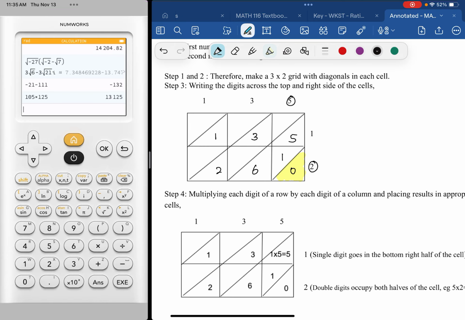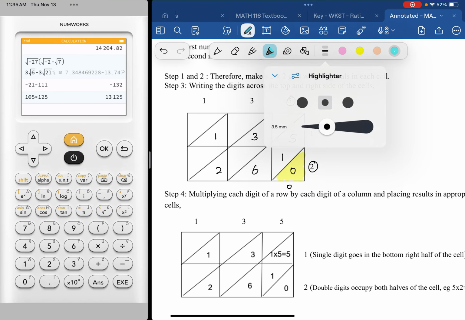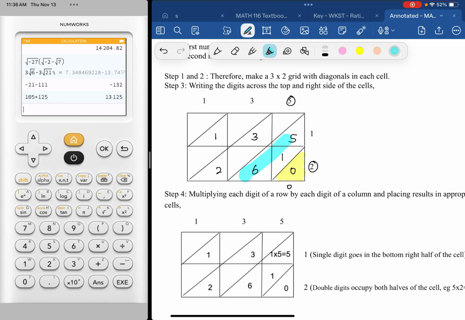That would give me a result of 0. Then another diagonal. I'll just try to get a thicker highlighter here. So I would add these values together. Again, I only want one digit, so we'll carry whatever the remainder is.